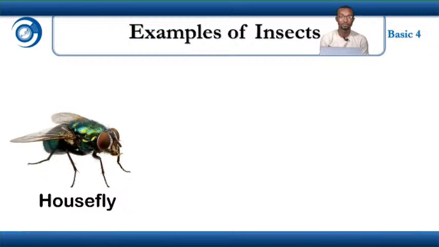I believe most of you are familiar with this animal. For example, if you are eating mangoes, they normally flock around you. If you leave your food uncovered, you see house flies on them. So house flies are normally found in our homes, and this house fly is an example of an insect.